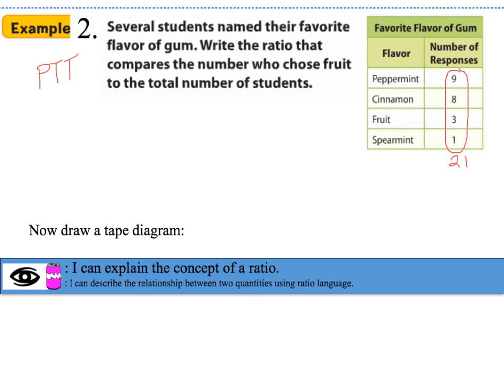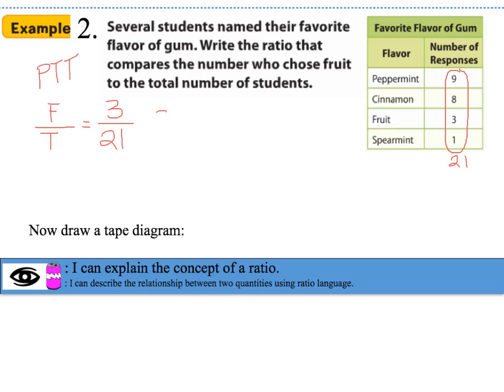So I'm going to write my part to total ratio like this. Fruit flavored gum on the top over the total amount of gum. Now by looking at my table, I have 3 students who like fruit flavored gum out of a total of 21 students who took the survey. I could write this ratio 2 other ways. That's the fraction form.